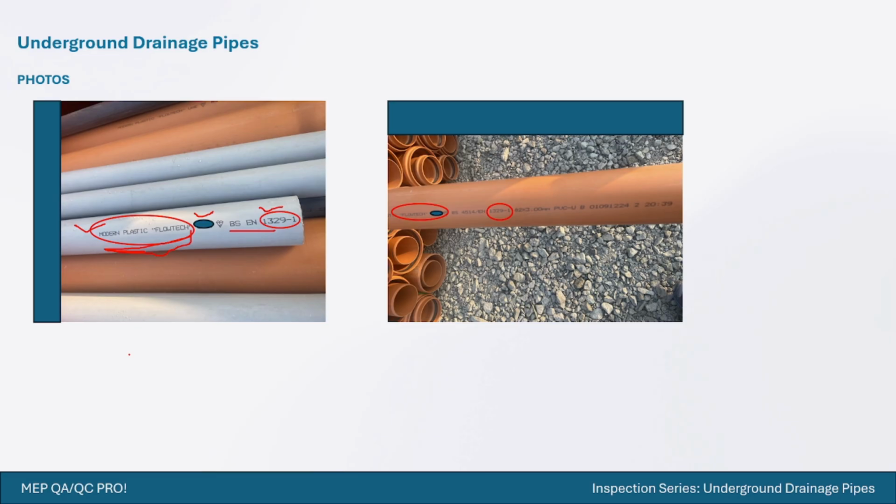If you go for any interview, they will ask what checkpoints you do during your internal inspection to understand that the product delivered at site is correct. Your checkpoints, which I already covered, are brand, standard, country of origin, pipe size, and everything you need to check and clear.